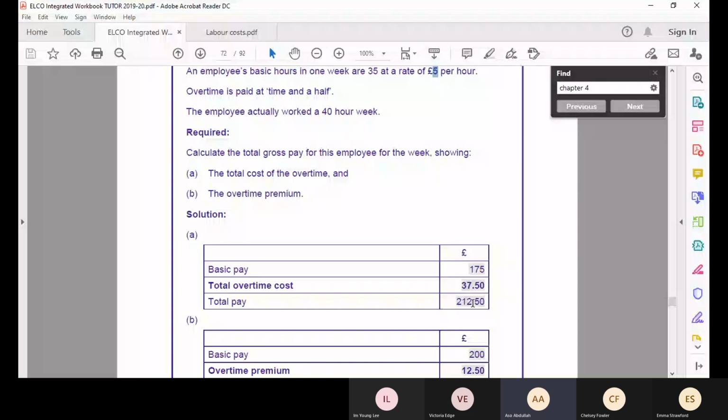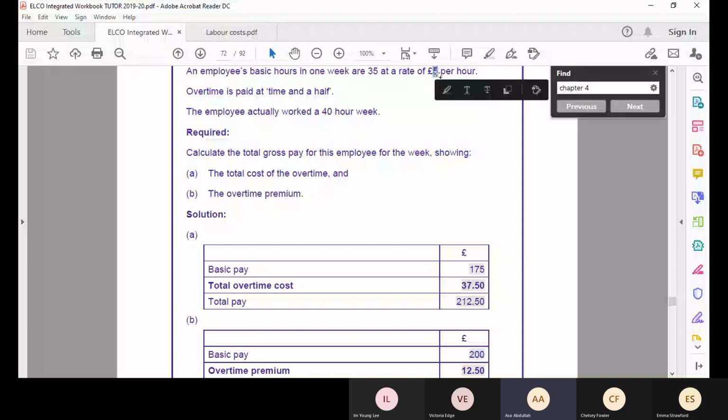Option number two says calculate your contracted hours separately from the overtime. So for example, you work 40 hours. So 40 hours at £5, then you have 5 hours paid at half rate.